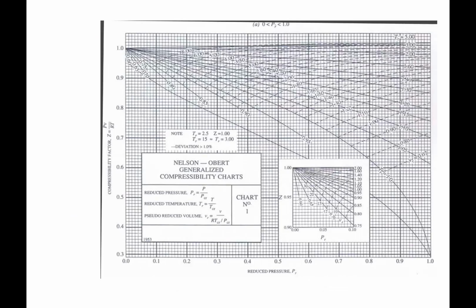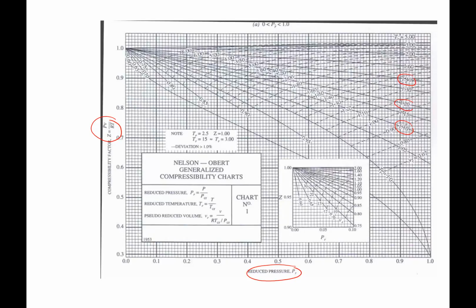Nope, wrong direction. Here we are. Here's a compressibility chart. And the Z factor over here is the vertical axis, and the reduced pressure is the other axis. And then there's lines of different values of the reduced temperature. And here is 1.1, 1.2, 1.3, 1.4.